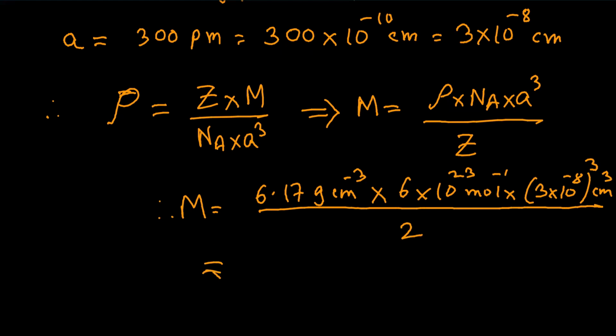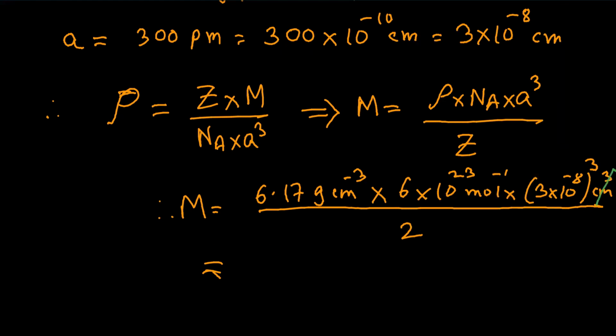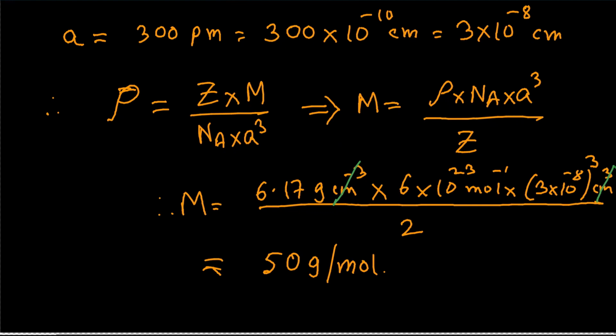So if you see carefully, the units that will be cancelled are centimeter cube and centimeter to the power minus 3. Okay. So if you solve this entire thing, you will get something around 50 gram per mole. Okay. So your molecular weight is 50 gram per mole.